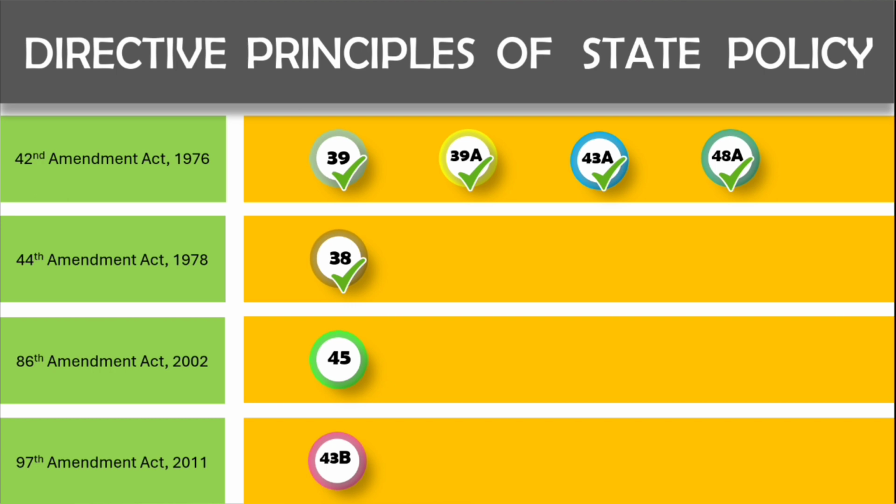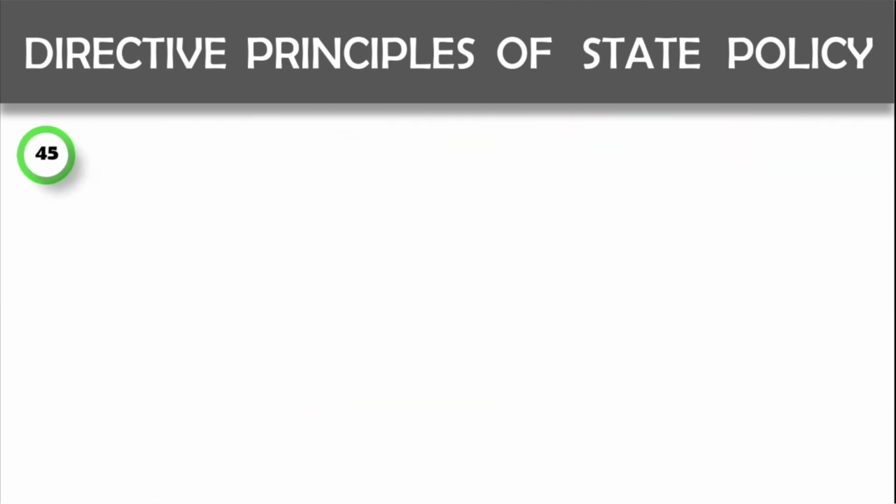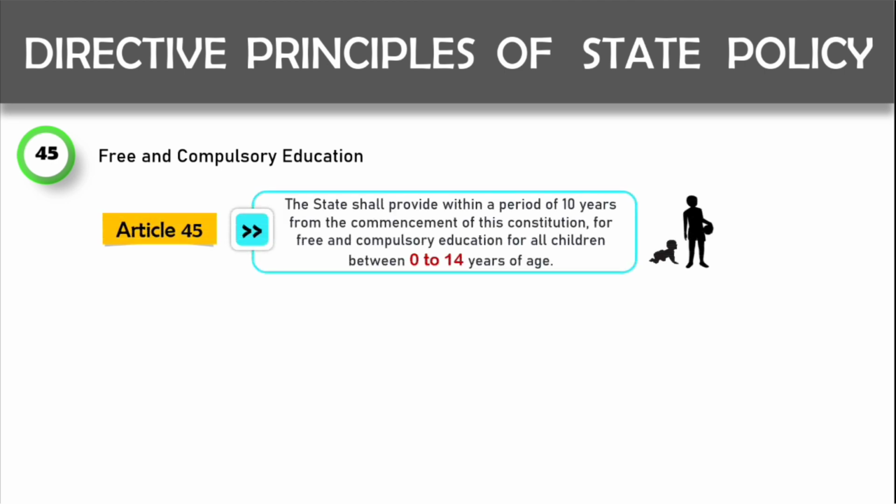Now the next amendment was made in DPSP by the 86th Amendment Act of 2002. By this amendment, Article 45 was amended. This was also an existing article. Article 45 talks about free and compulsory education. See, earlier Article 45 used to talk about free and compulsory education for children of the age group of 0 to 14 years.